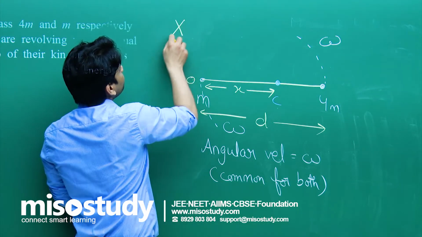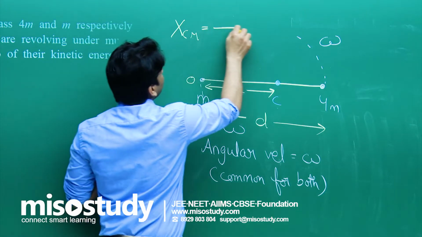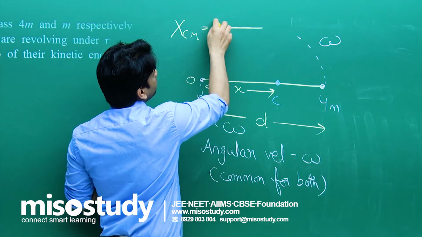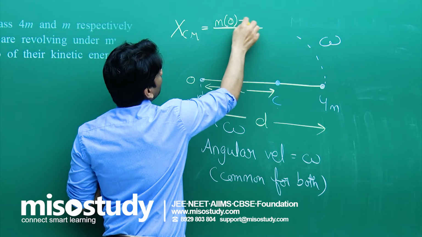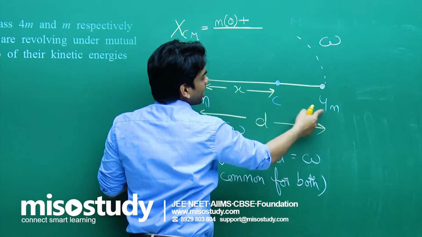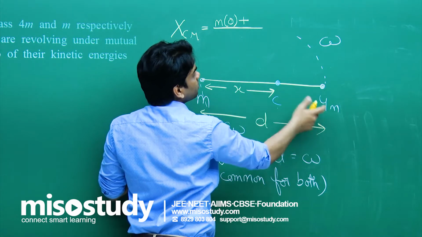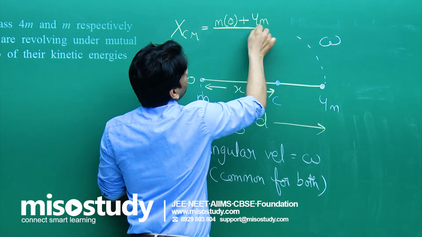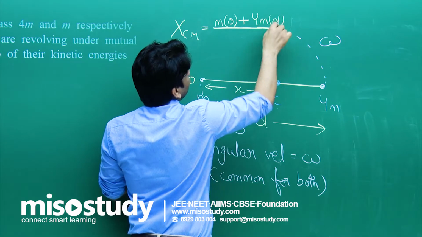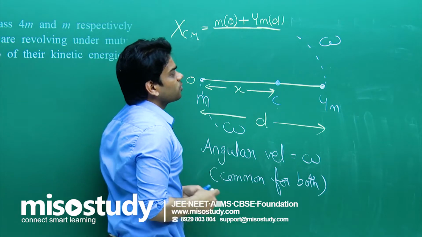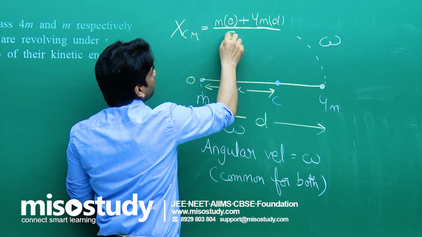For that, first of all, take the first body, and its distance from the origin is 0. So m into 0 plus, now take the second body, its distance from the origin is given as 4m, and the separation is given as d, divided by the total mass m plus 4m, that is equal to 5m.